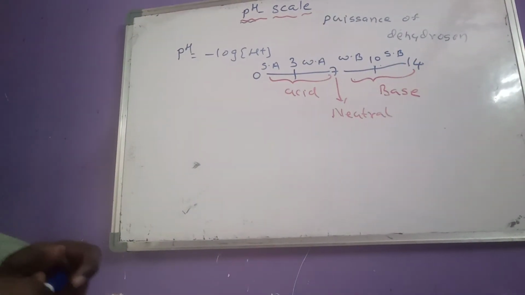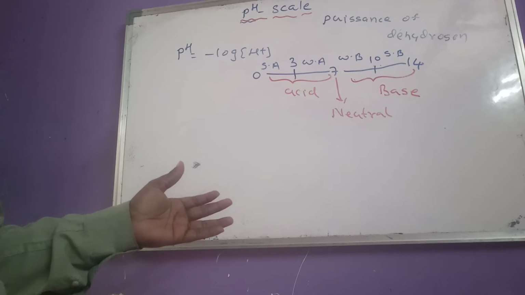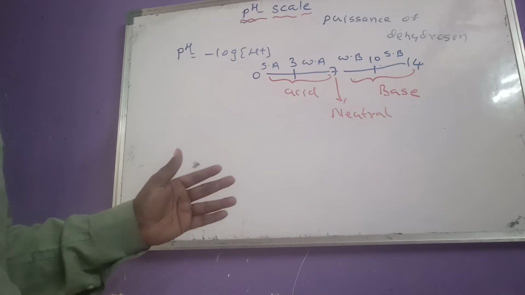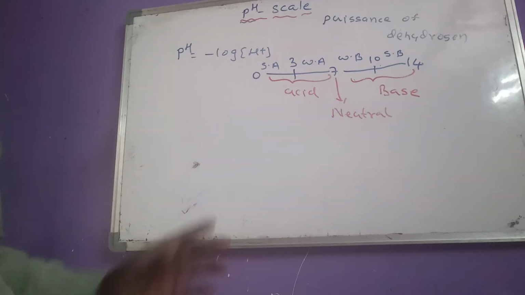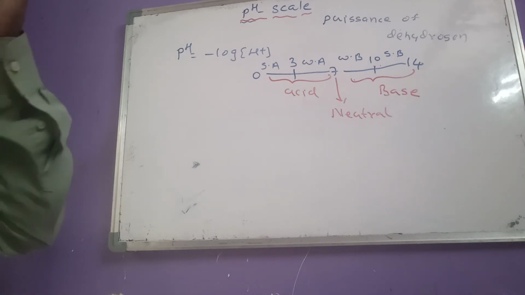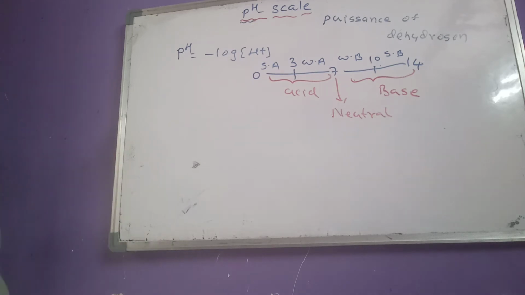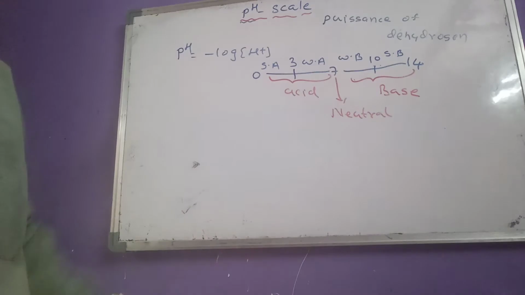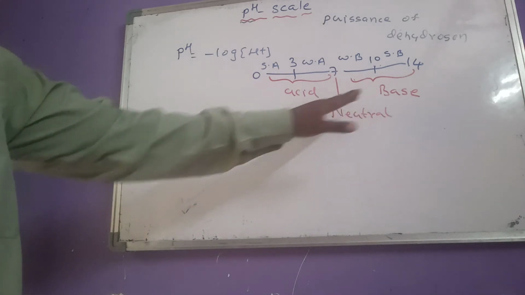So like that we have to classify the substances as strong acid, weak acid, neutral, weak base, strong base based on their pH values. If you consider human blood, it has a pH value of 7.4, so it comes under the weak base region. So these are the pH values.